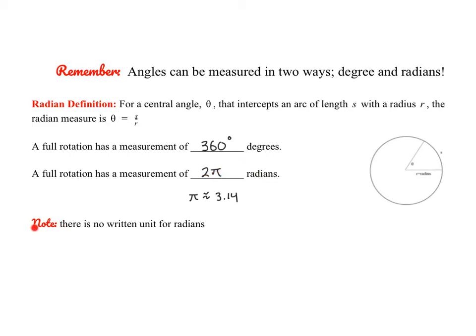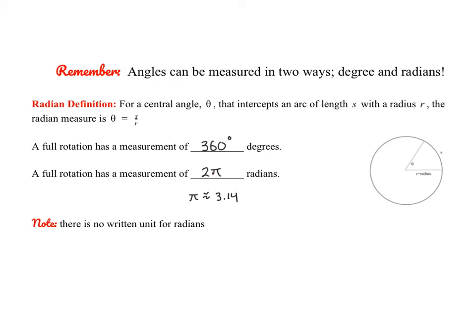Now, one thing I want you to note is that there is actually no written unit for radians. So for degrees, we know that it's in degrees because of this little tiny circle up here. That's our unit. Just like when we measure something, we would write 25 inches, we would write IN, or if we have centimeters, we would write CM. For radians, there's actually no written unit.